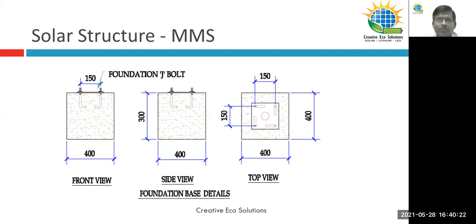In this, if you see, we have a column of 400 by 400 and the height of the column is 300, and then we have these J foundation bolts, so that your column holes match the column square plate on these J foundation bolts, and then we can tighten it up. It's very important to have proper civil work, so that the solar structure would not uplift during a cyclone.